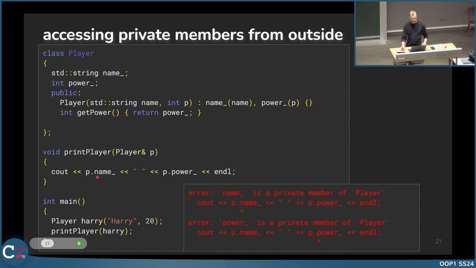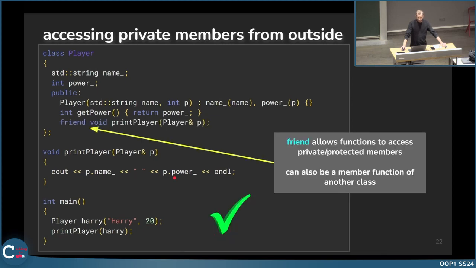We get an error because we are accessing player members which are private. So what we can do is write friend and then the prototype of our function here. With this, it tells the class that this print player function is allowed to access all the private and protected members.